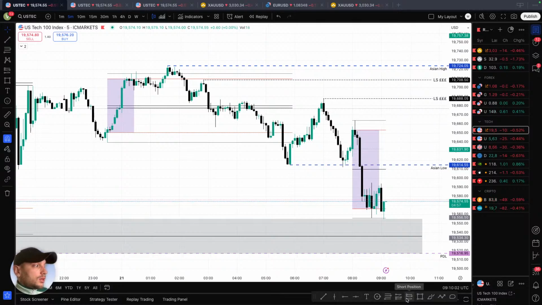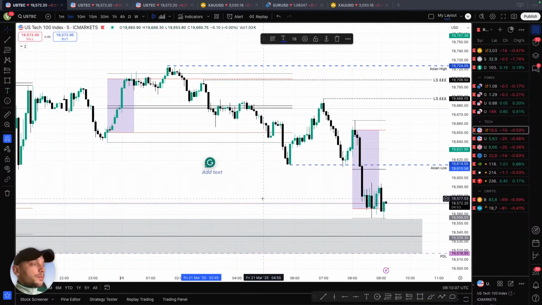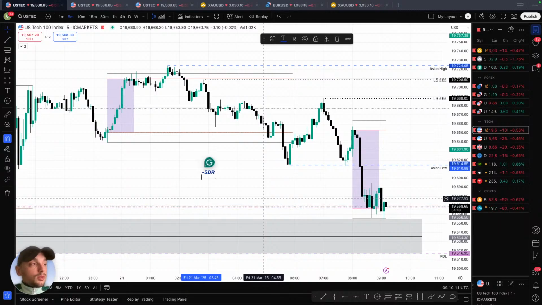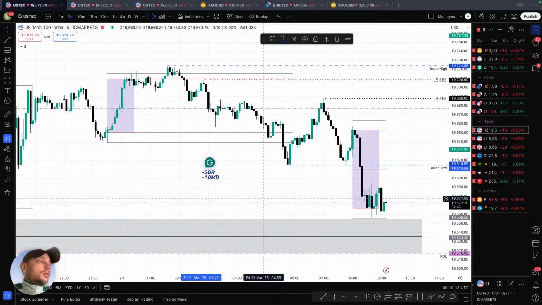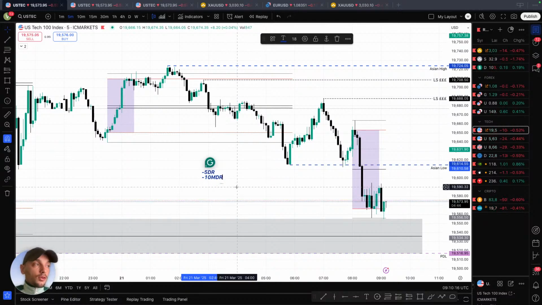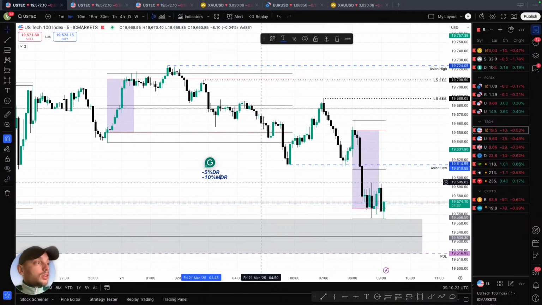So daily, you can't lose more than 5%, right? This is your daily drawdown, and maximum minus 10%, maximum drawdown. So if you make minus 10%, you lose the account, and that's it. And your goal is making plus 10%. And once you make that, you're gonna have a second phase where you need to make 5% plus.